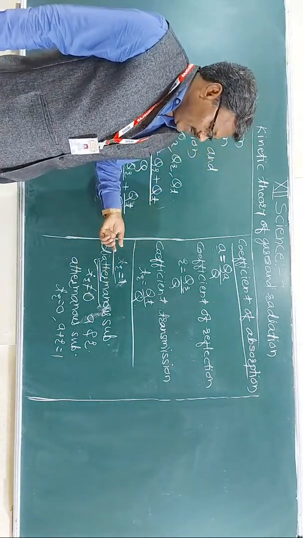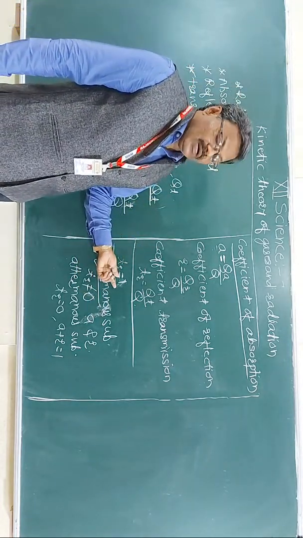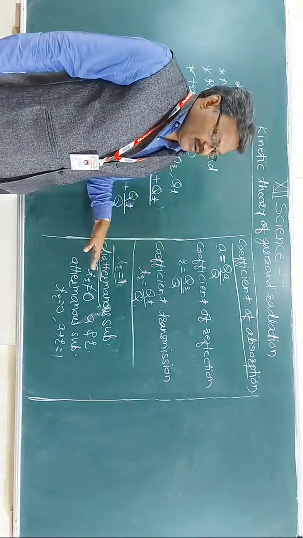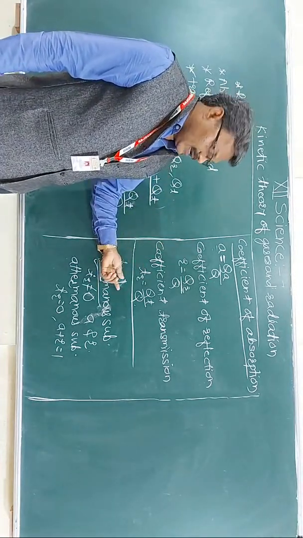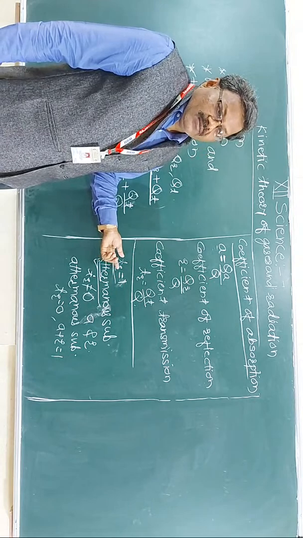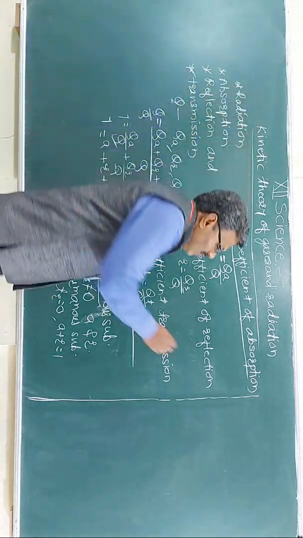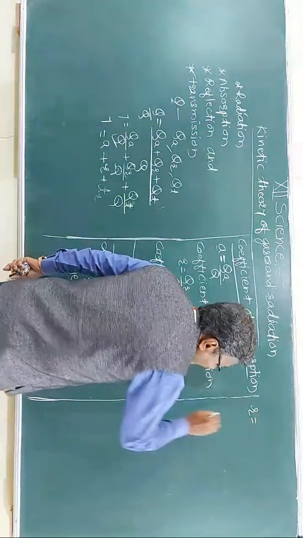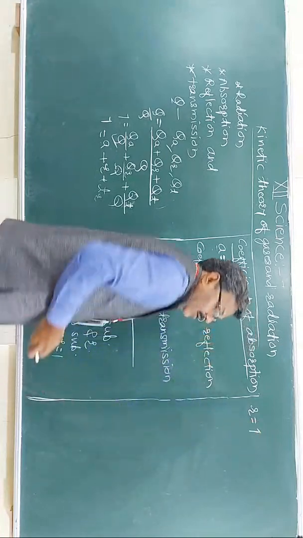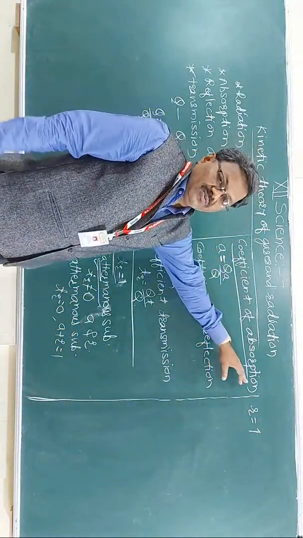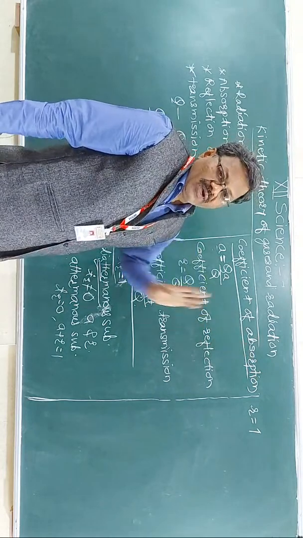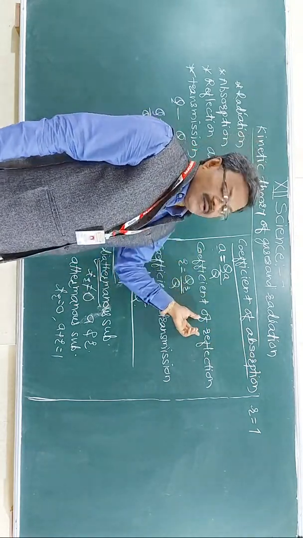Now we know that when T_R is equal to 1, it is called a perfect transmitter. In the case of bodies, when the coefficient of reflection is maximum, that is 1, the body is called a perfect reflector.